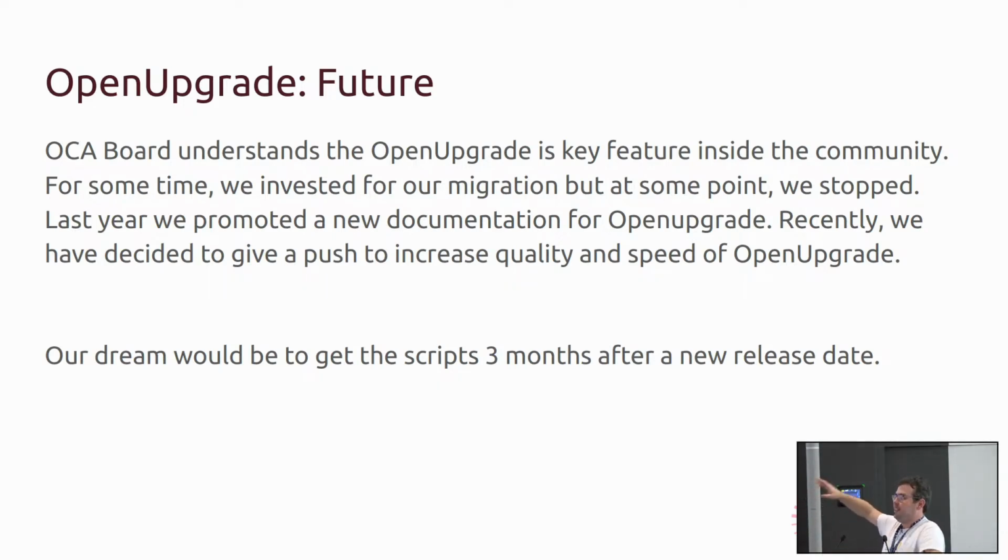It will not be achieved in 1 year or 2 years, but that's probably what we aim to achieve. We need to think that this is feasible and work for this. Otherwise, we will have the migration scripts 1 year after the new release is done, and it will make no sense. We need to be fast, and we need to be reliable. We are reliable right now. We need to be fast only.